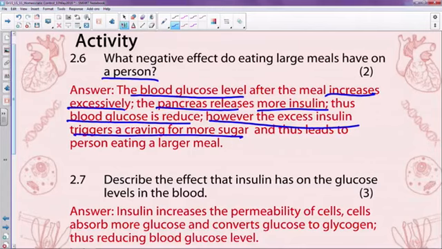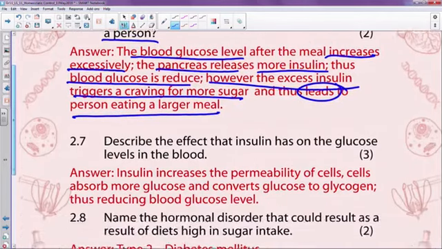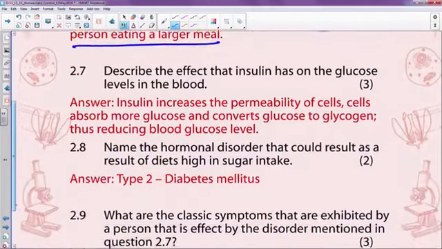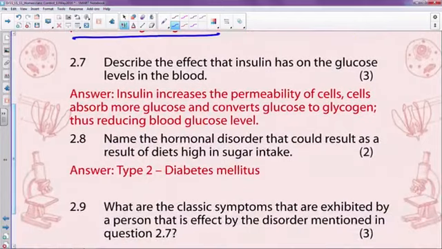Because the body has produced excessively high amounts of insulin, the insulin triggers a craving for sugar, and hence it leads to a person eating a larger meal the next meal. And hence, if you cut down the proportion of your meals, especially the amount of sugar in your meals, it's going to lead to a decrease in the craving for larger meals that are rich in sugar.